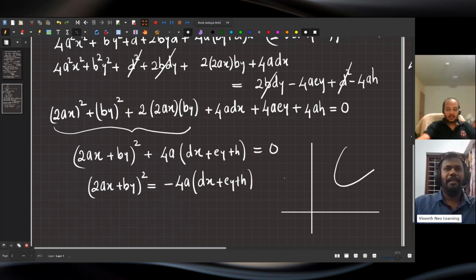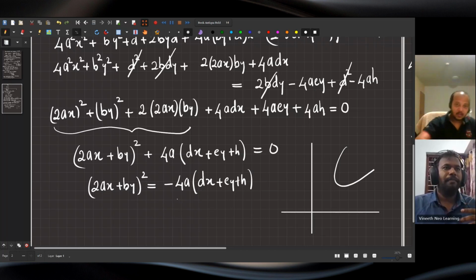Depending on the values, a cannot be 0, but if b equals 0 or some coefficients are made 0, we will get a standard equation of a parabola like x squared equals 4ay. That all depends on the values of a, b, e, d and h.